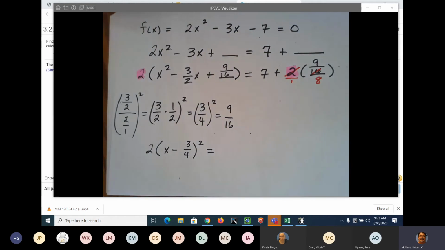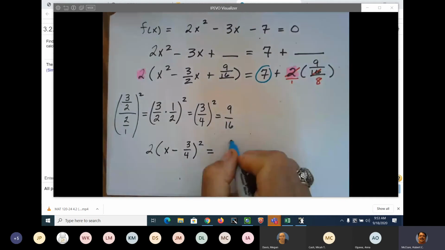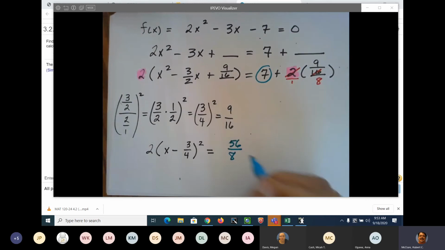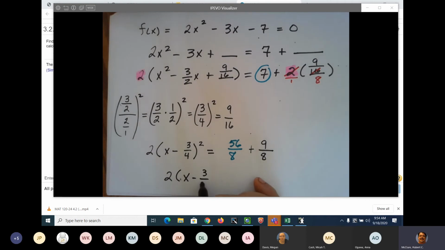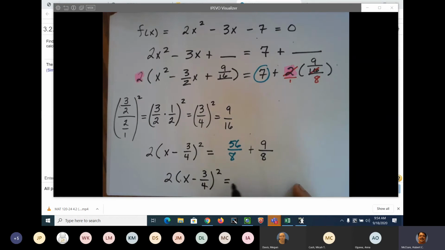So I'm going to change that into 56/8. Hopefully my multiplication tables tell me that 8 times 7 is 56. So I just got my common denominator. And that's going to be plus 9/8. And that's going to be 2 times x minus 3/4 quantity squared is equal to 67 over 8.